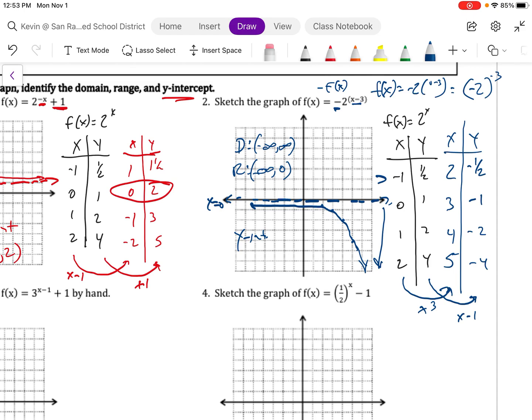Well, that's going to be 1 over 2 cubed, negative, what is that, 1/8? So my y-intercept would be 0 and -1/8, y-intercept. Okay, there's 1 and 2.